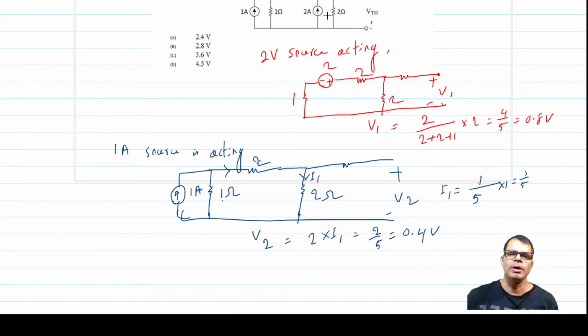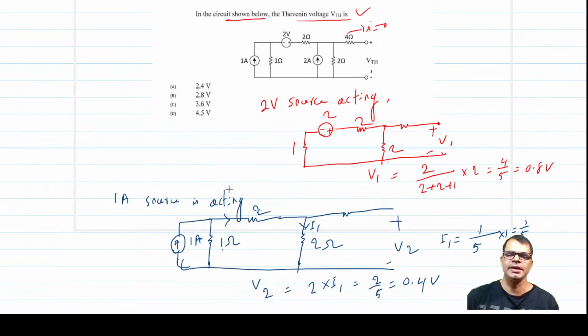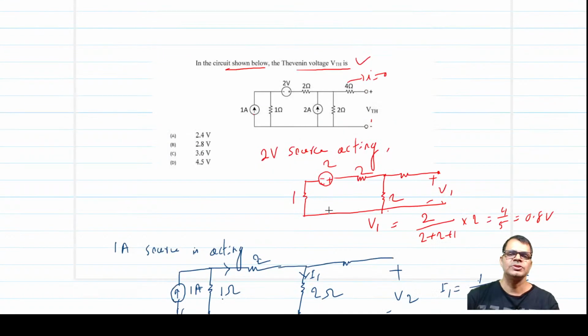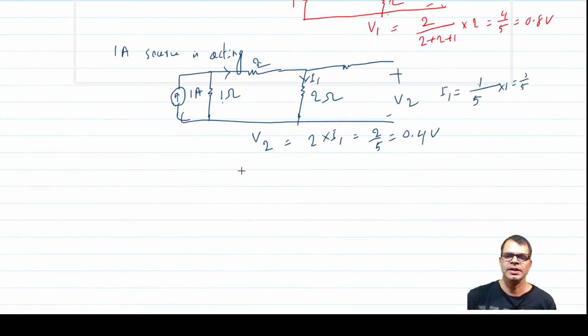Now when the 2 ampere current source is acting alone, the situation will be like this.